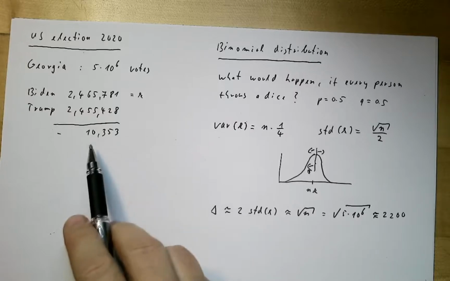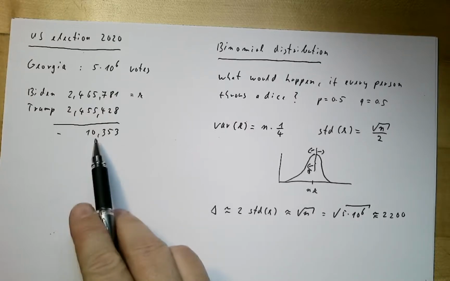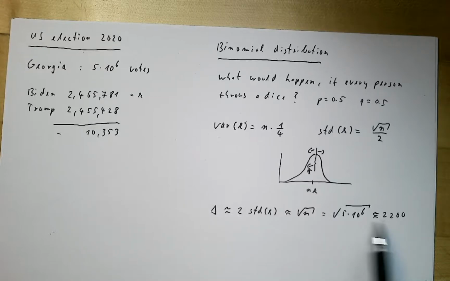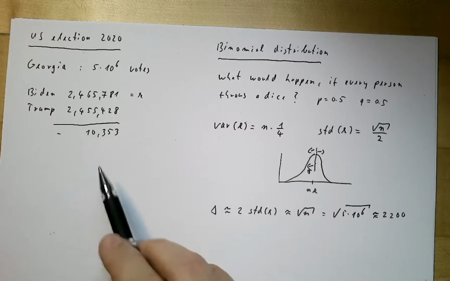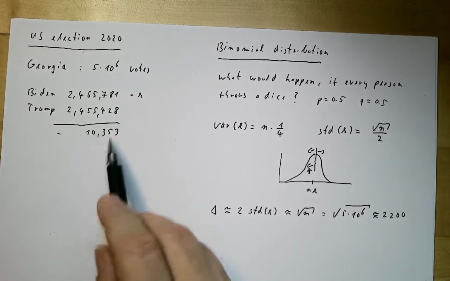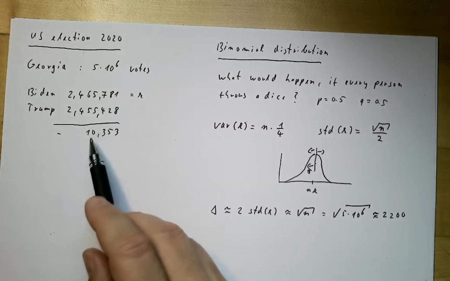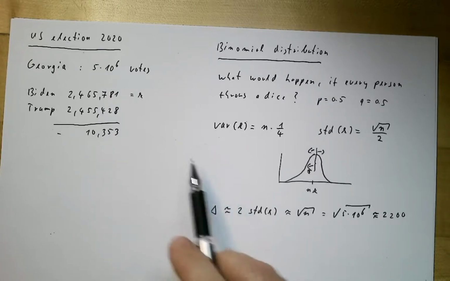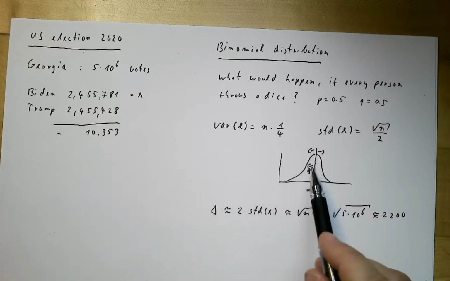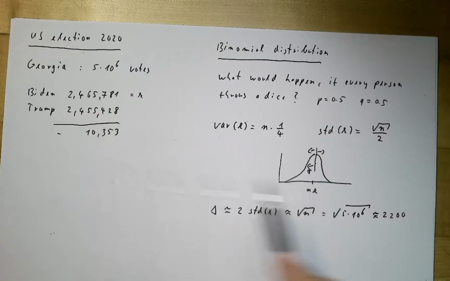So we see that the difference we have is maybe 5 times larger than the deviation if every person had just thrown a dice randomly. And so we can now judge this value, this difference which came out in such a close state as Georgia, against the null model that people would have thrown dice randomly. So it's a bit more.